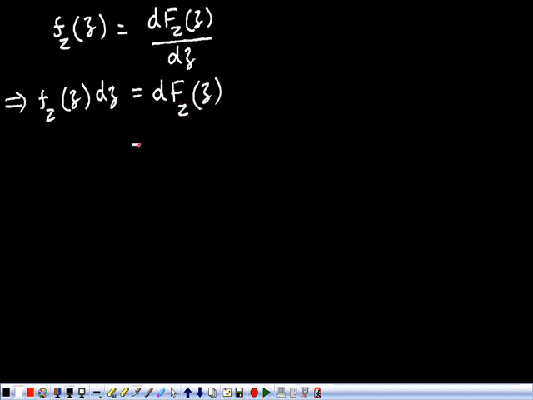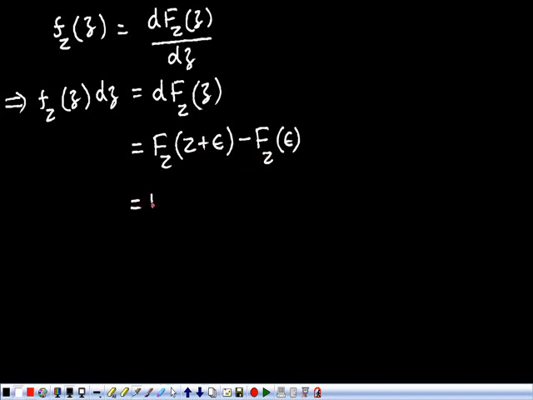So can I write this as F_Z(z plus epsilon) minus F_Z(z)? Epsilon is very small, so this dF_Z(z) is a small differential that can be written as F_Z(z plus epsilon) minus F_Z(z). Follow this.